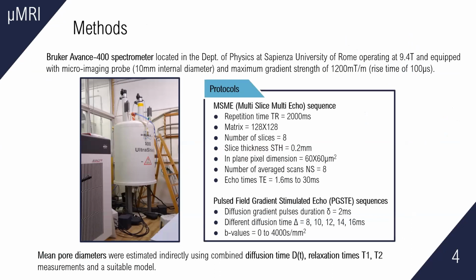Both samples were put into an NMR glass tube filled with deionized water. Sequences at various echo times and diffusion gradient strengths were performed to define relaxation times in each cortical bone slice, to perform diffusion experiments and to obtain diffusion time behavior.